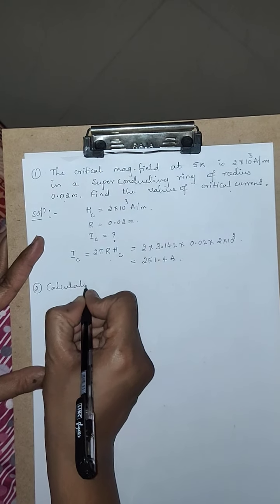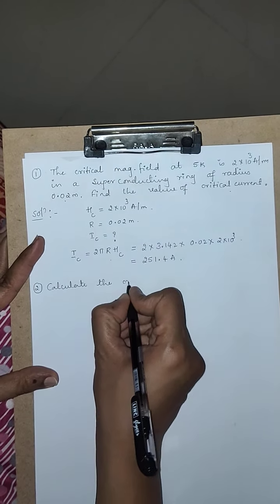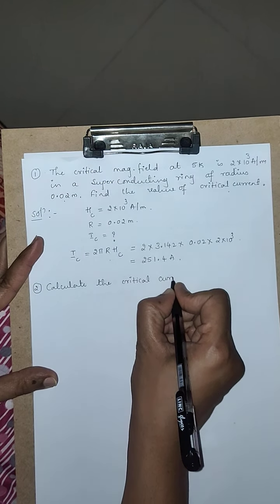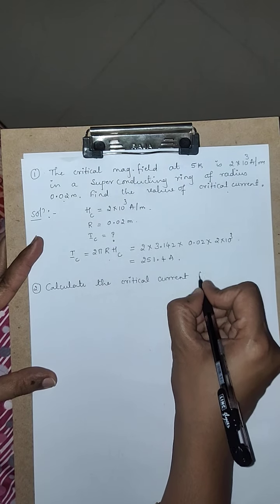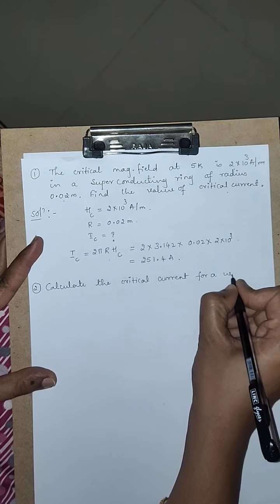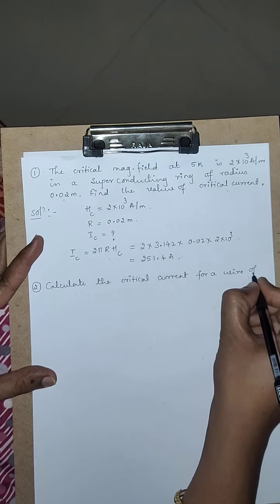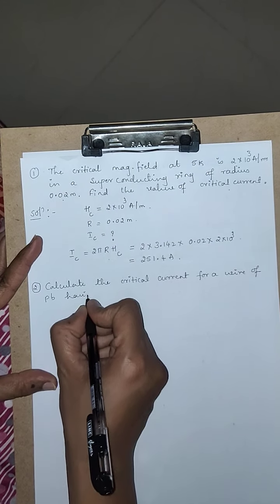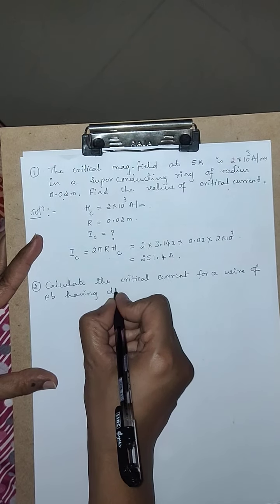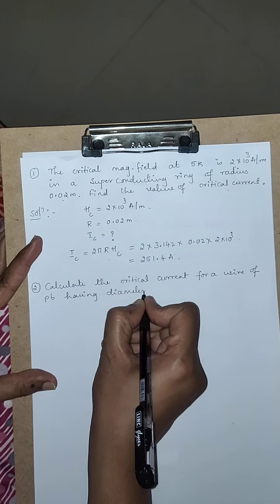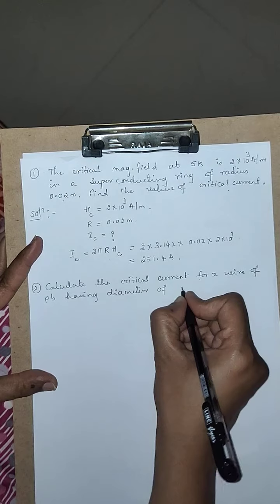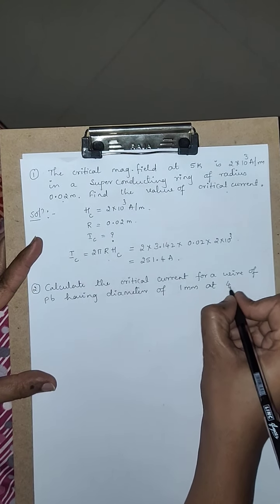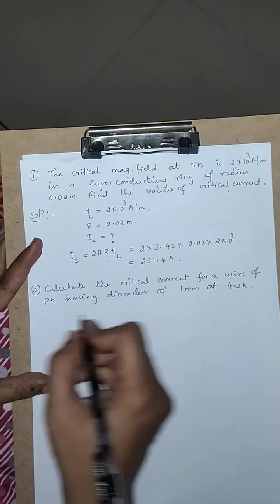Calculate the critical current for a wire of lead having diameter of 1 millimeter at 4.2 Kelvin.